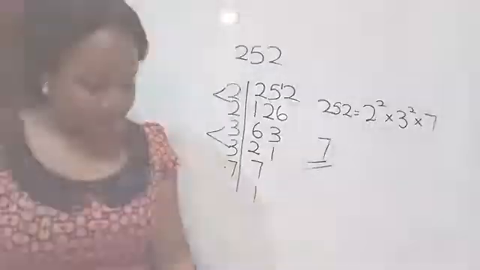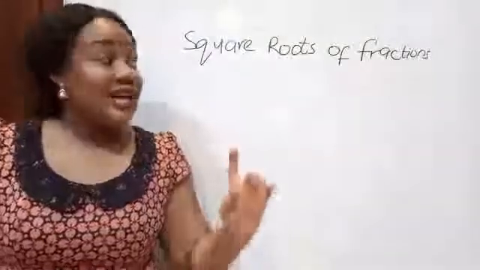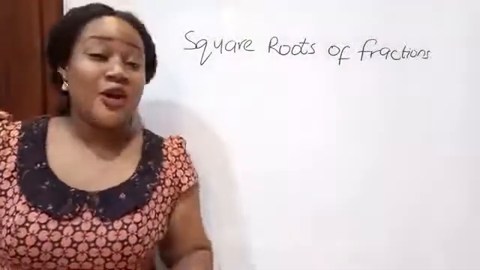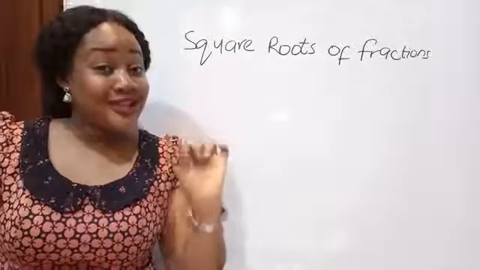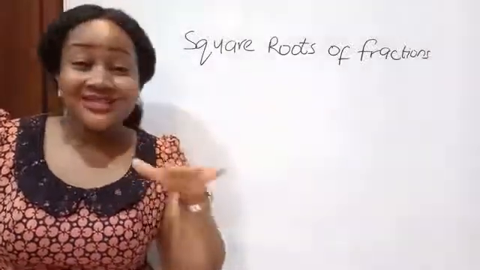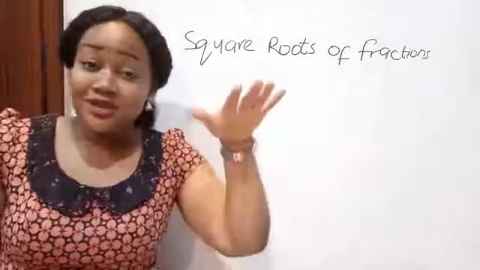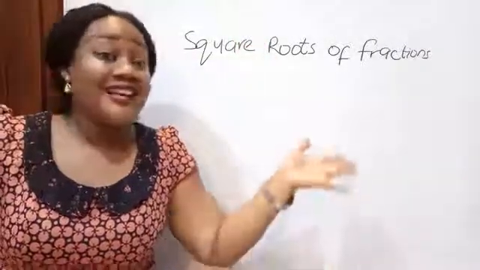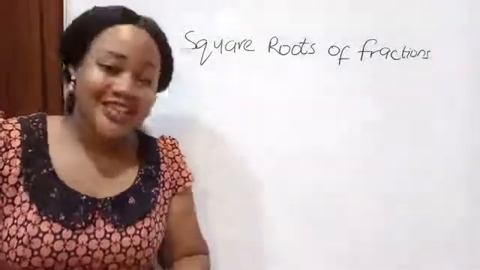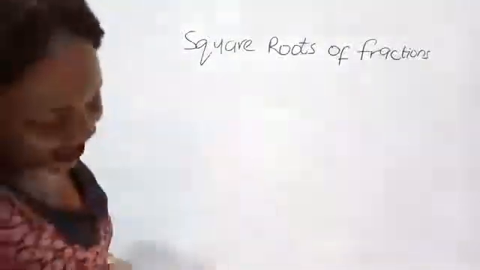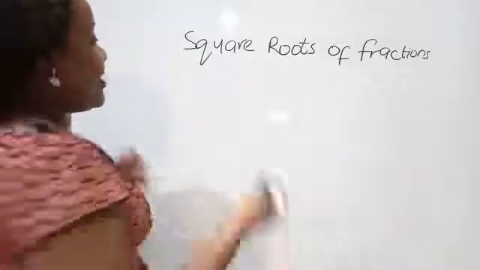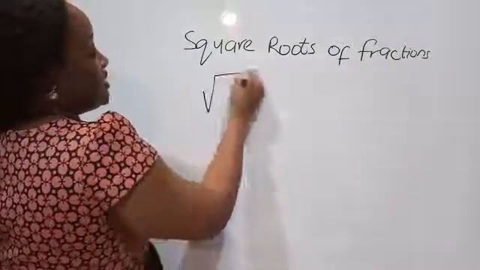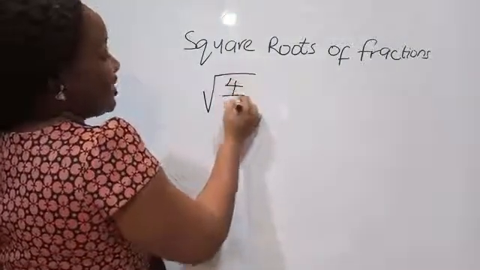Okay? So let's look at square roots of fractions. How to find the square roots of fractions. Very easy. Just find the square root of the numerator, the square root of the denominator, and voila! We have our square root of the fraction. Let's take an example. Let's say we have to find the square root of 4 over 25.